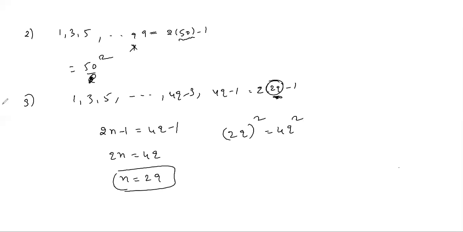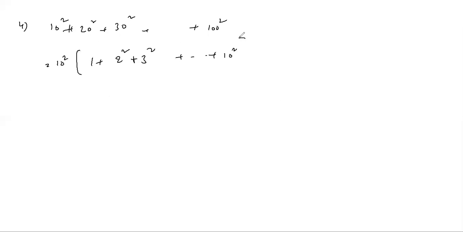Next, fourth one. 10 square, 20 square, 30 square and so on up to 100 square. So take 10 square common: 1 square plus 2 square plus 3 square and so on plus 10 square. So 100 into the sum of squares of first n natural numbers, n into n plus 1 into 2n plus 1 by 6.